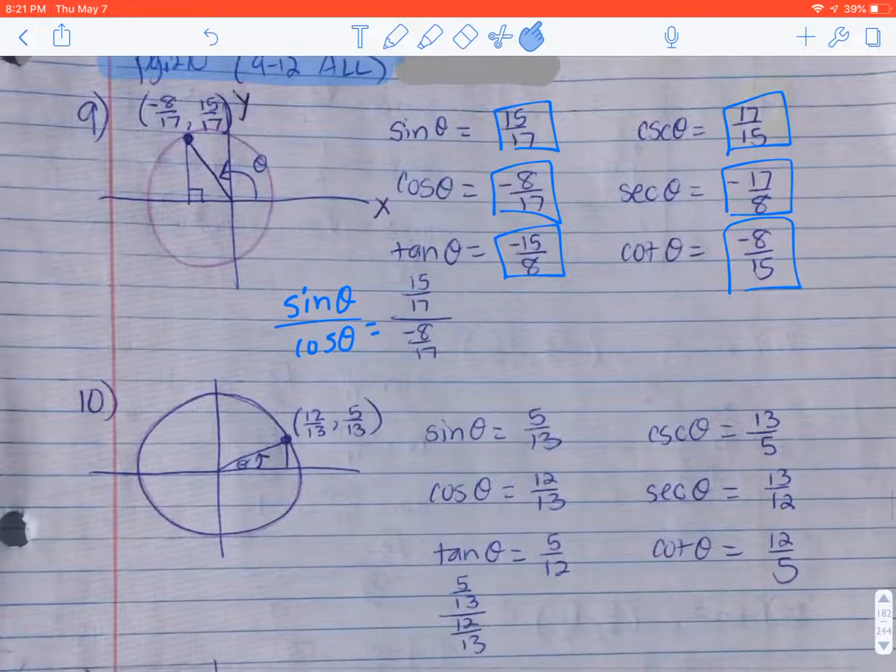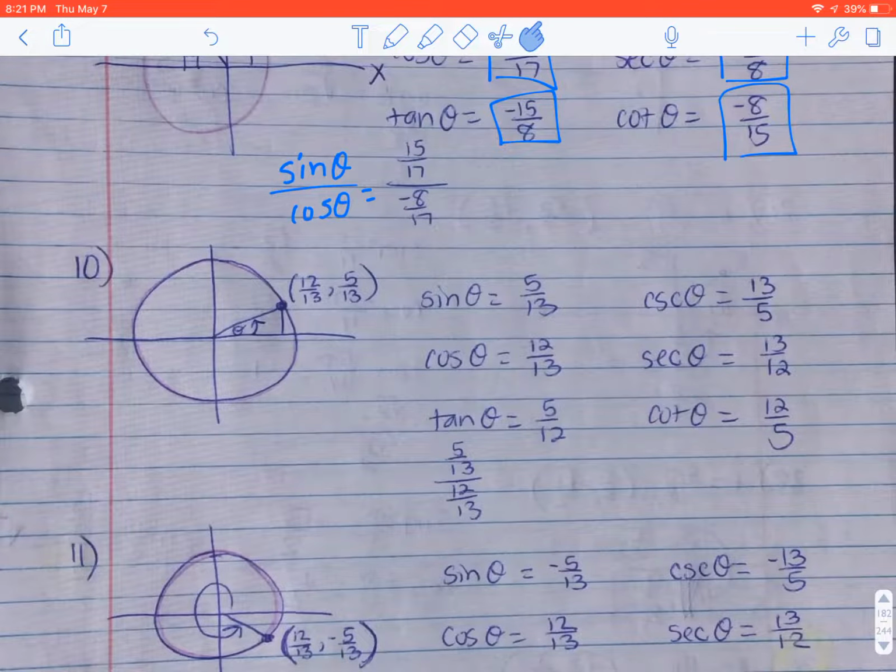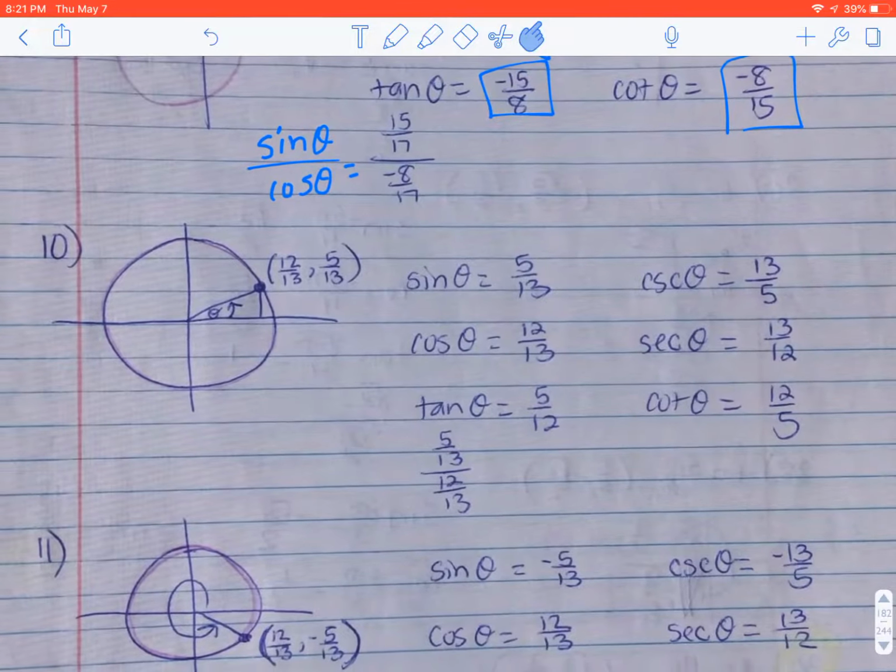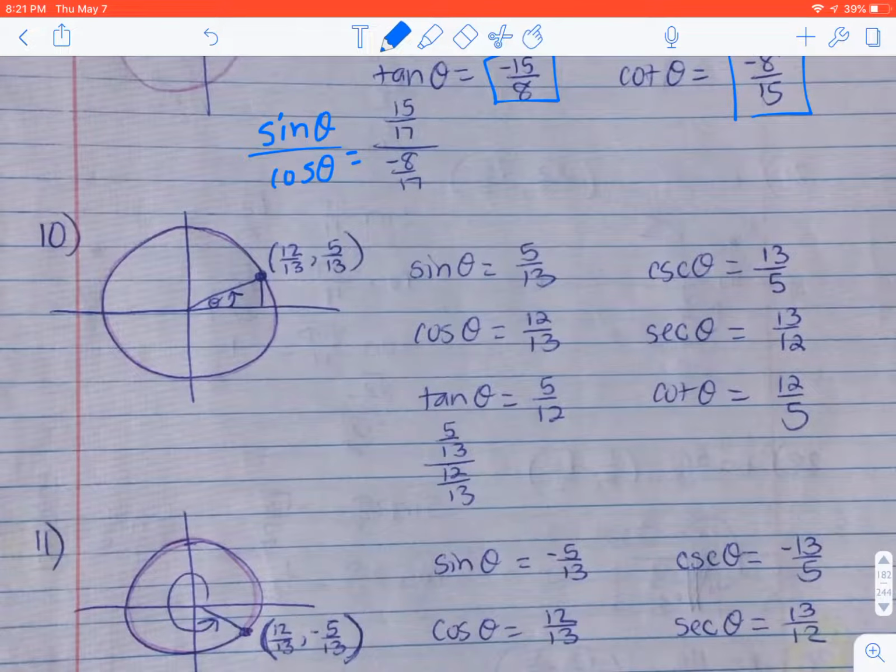Number 10. So they give you the points 12 over 13, comma 5 over 13. Okay, and again, finding our 6 trig functions. Remember, this is our cosine theta. This is our sine theta. So they're pretty straightforward. Sine theta is 5 over 13. Cosine theta is 12 over 13.